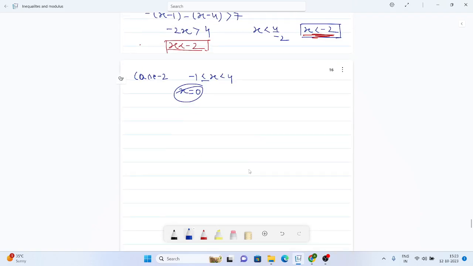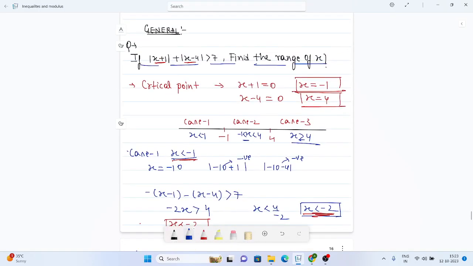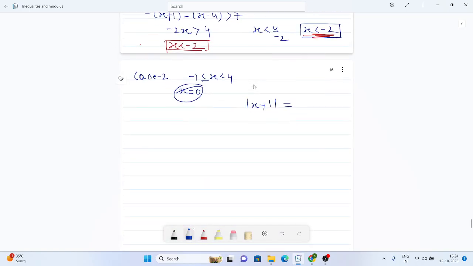If I put x equal to 0 in mod x plus 1, I get 1, which is positive, so I write the first bracket as x plus 1.